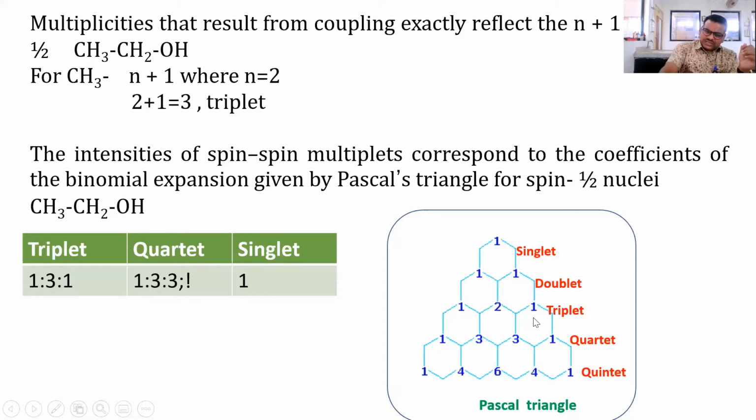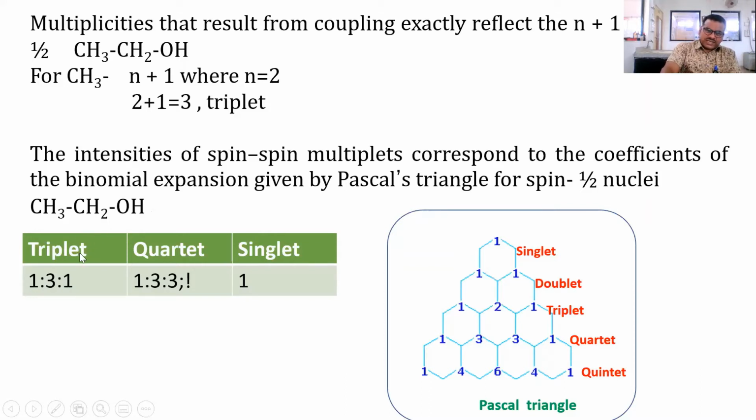So you will get 1, 3, 3, 1, and that shows the quartet. In this way it shows the Pascal triangle very well, so by using this you can understand the concept very well.